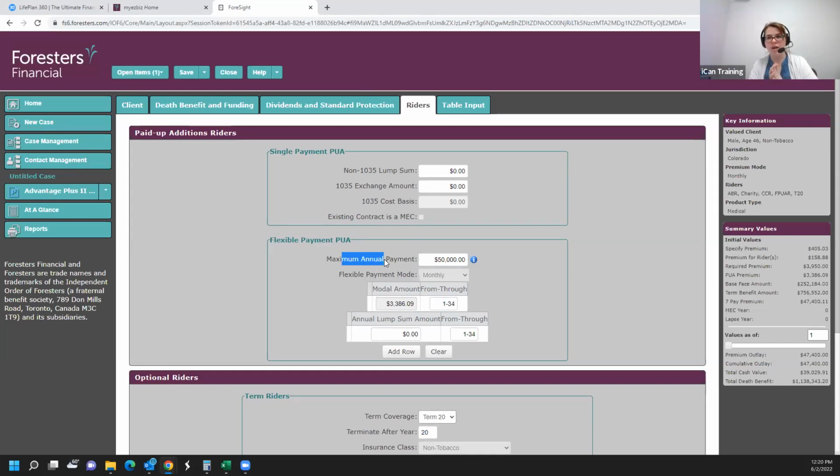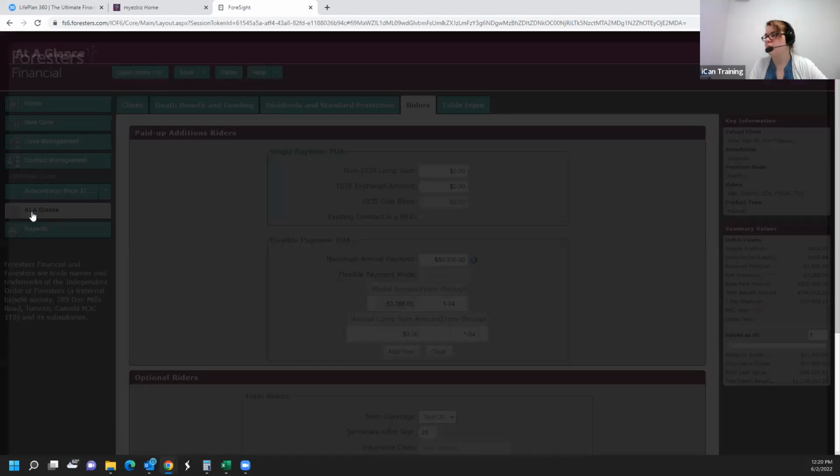And the paid up additions rider is where the cash value lives. So that is where we want to keep that. I believe this number here, because we put it on monthly premium, is a monthly contribution to the paid up additions rider. That being said, at this point, we're going to take a look at the at a glance. Okay.